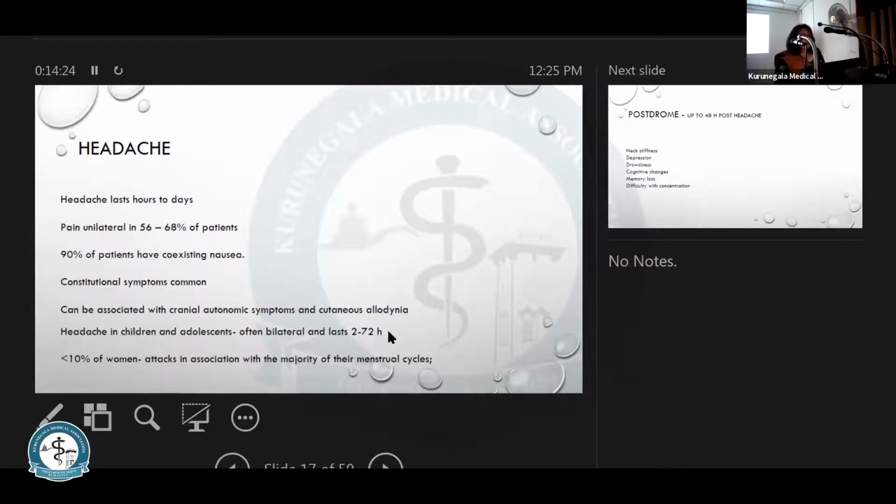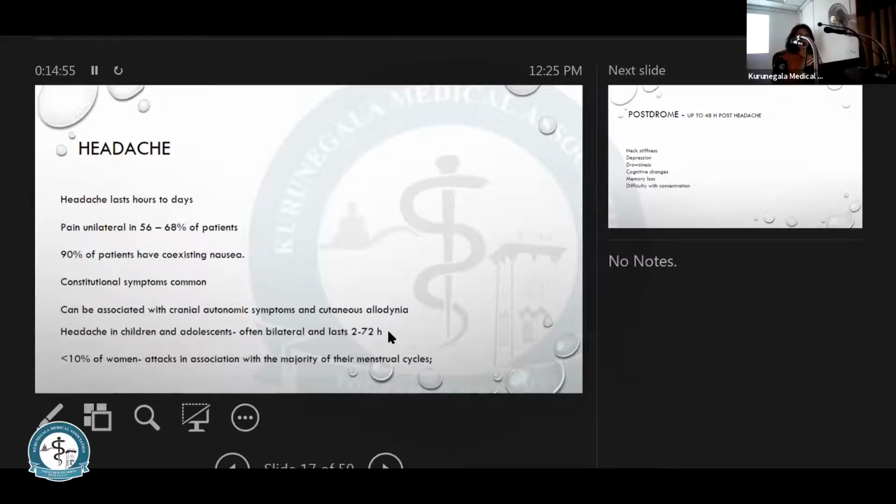I told you in children the headache duration is shorter, and we know in adults females are suffering more, but in children, up until around 9 years, boys commonly suffer from headaches. Then by adolescence, females become predominant. About 10% of female patients have an association with menstruation.